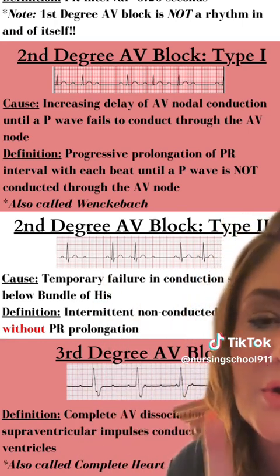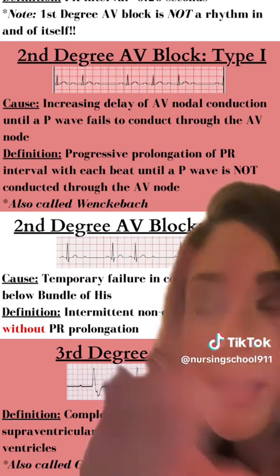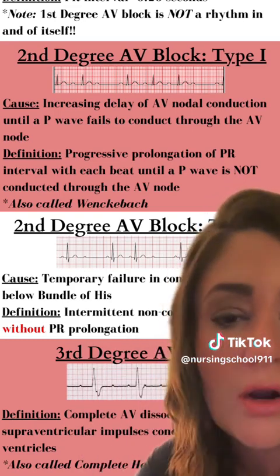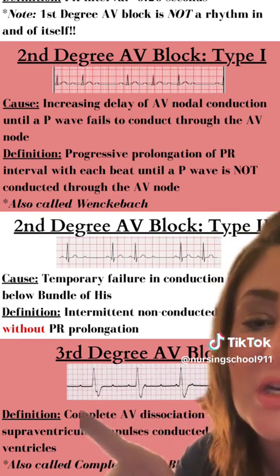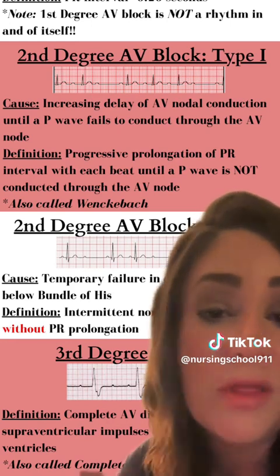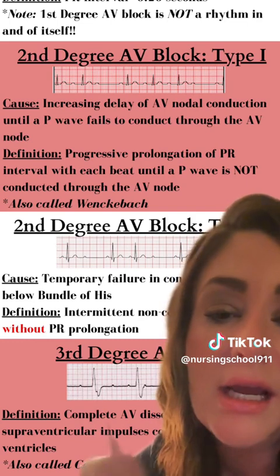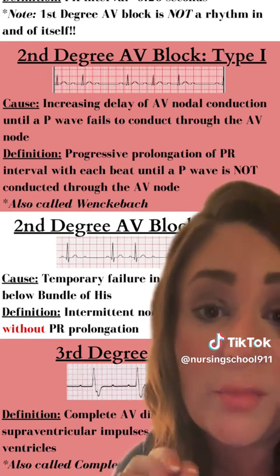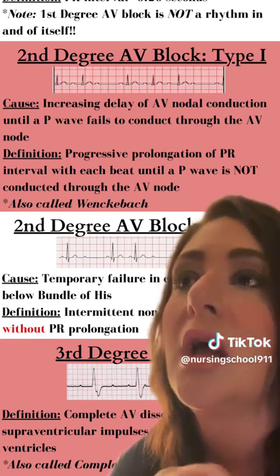And then with the third degree AV block, they're divorced. There's no communication between the two. They're not on the same page. The wife, the P wave, and the husband, the QRS complex, are doing their own thing with no relation to each other whatsoever. So we are very concerned about the patient's hemodynamic status at this point.